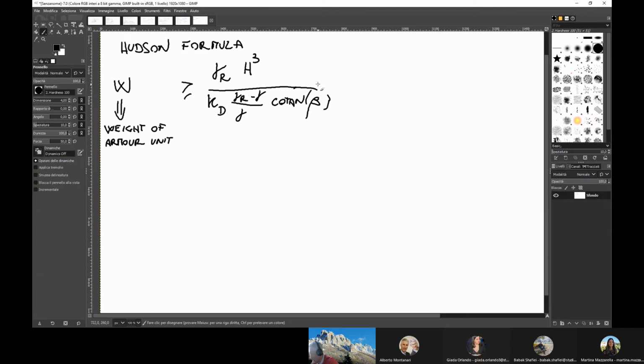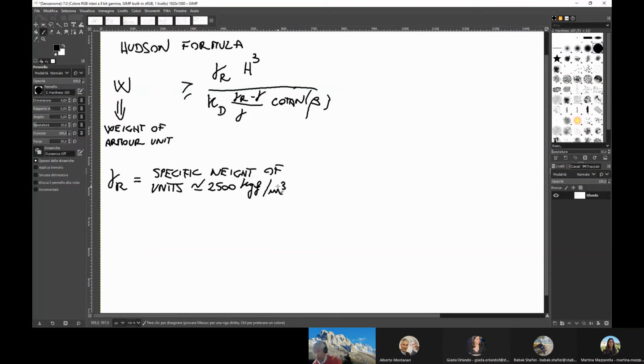Okay, so what is gamma R? Gamma R is the specific weight of the units. Something which may be 2,500 kilogram forces per cubic meter.